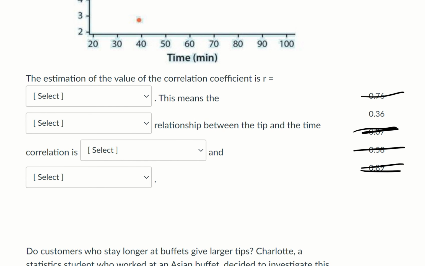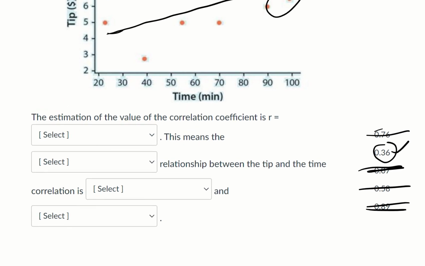That's relatively strong, moderate. So I would say it's closer to this one, 0.36. You know, it's weak, but it's not non-existent, right? So I would say it's about 0.36. This means that the linear relationship between the tip and the time correlation is weak and positive.